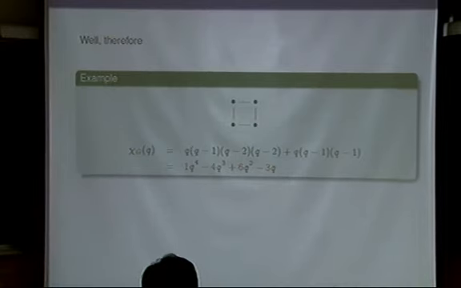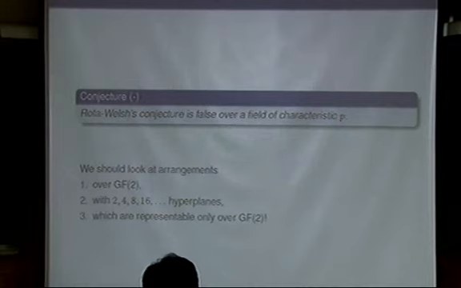And there is a bonus from this approach. Oh, before doing that, I'd like to state one conjecture of my own. It can be false, but I conjecture that the Rota-Welsh conjecture is false over a field of characteristic P. I'm not sure how good my reasoning is, but it is as follows.